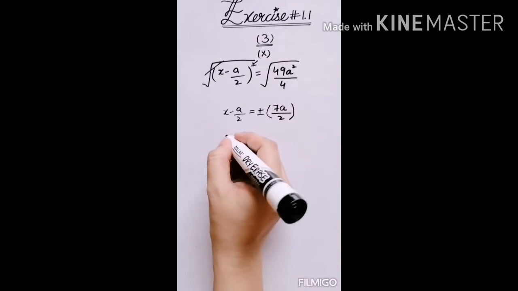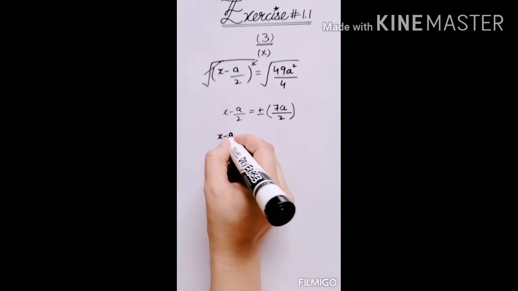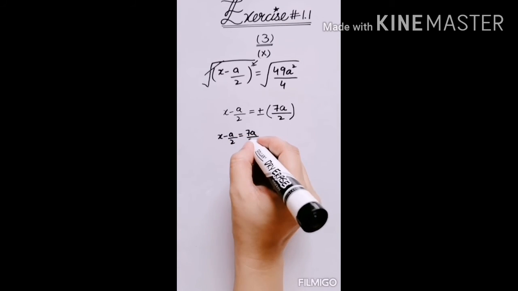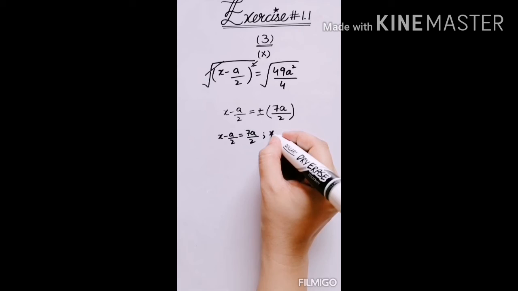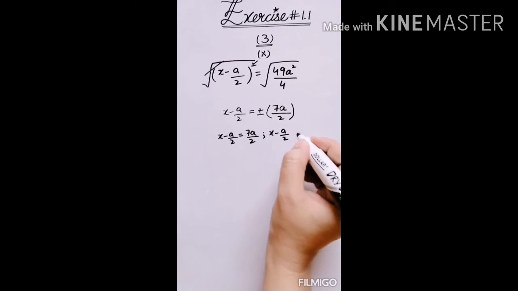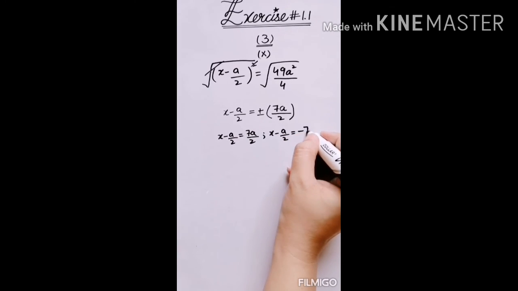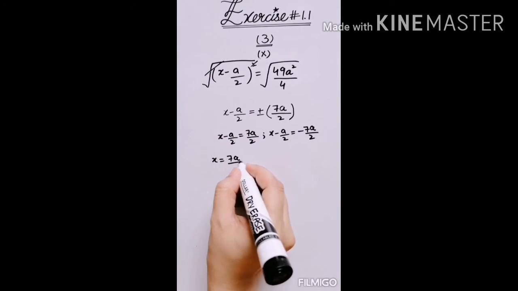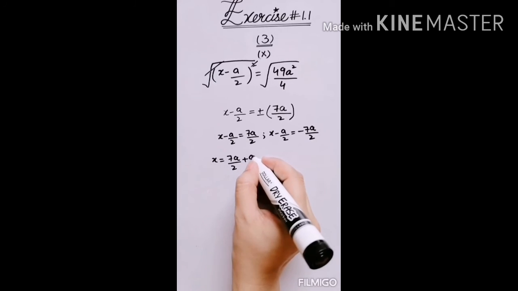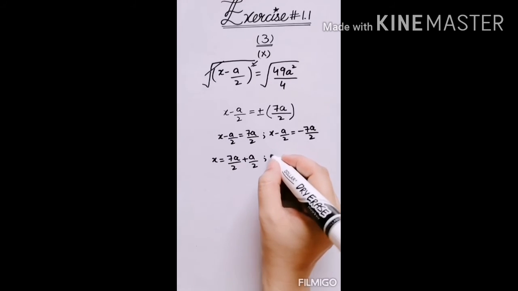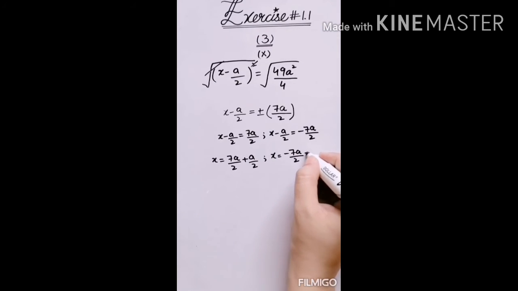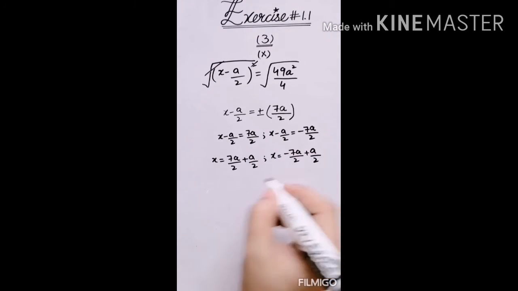So we are having this number. Once we will write with plus and once we will write with minus. So you have to simplify. X is equals to 7a by 2 plus a by 2. X is equals to minus 7a by 2 plus a by 2.